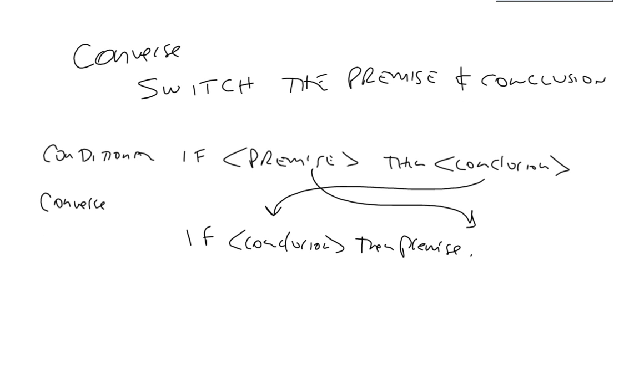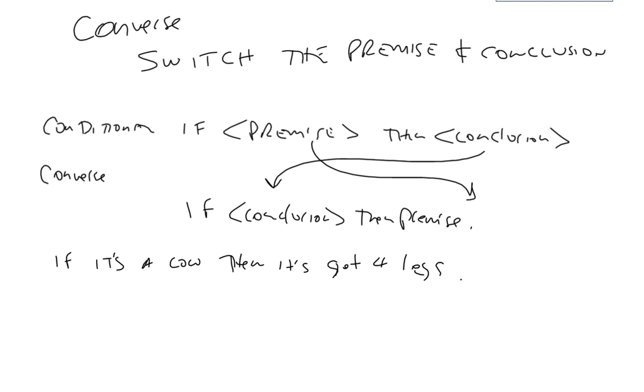So let's take a conditional statement. Let's take one example. If it's a cow, then it's got 4 legs, right? It's true. If it's a cow, it's got 4 legs. This conditional statement is true.